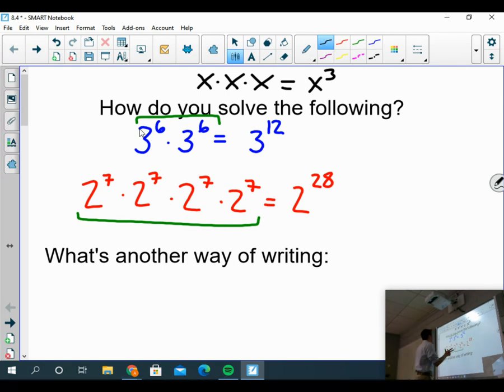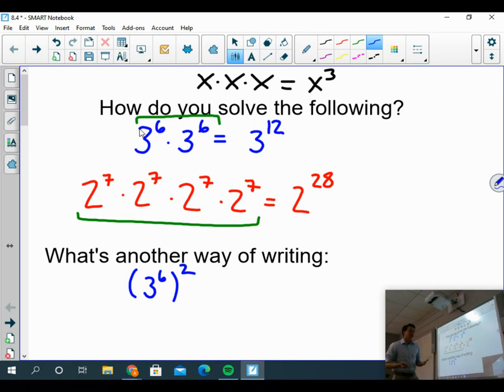So how does that apply to rewriting the left sides of these equations? Well, 3 to the 6th times 3 to the 6th, what is that? Well, it's 3 to the 6th being multiplied 2 times. We have a repeated multiplication of the 3 to the 6th.